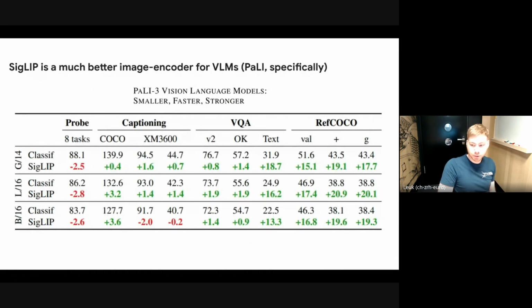Another thing that happened a bit after that is you may have seen the Pali 3 paper. I forgot to give context: Pali is an image-text model from our group and the extended group, with colleagues across Google, which takes image and text as input and produces text as output.